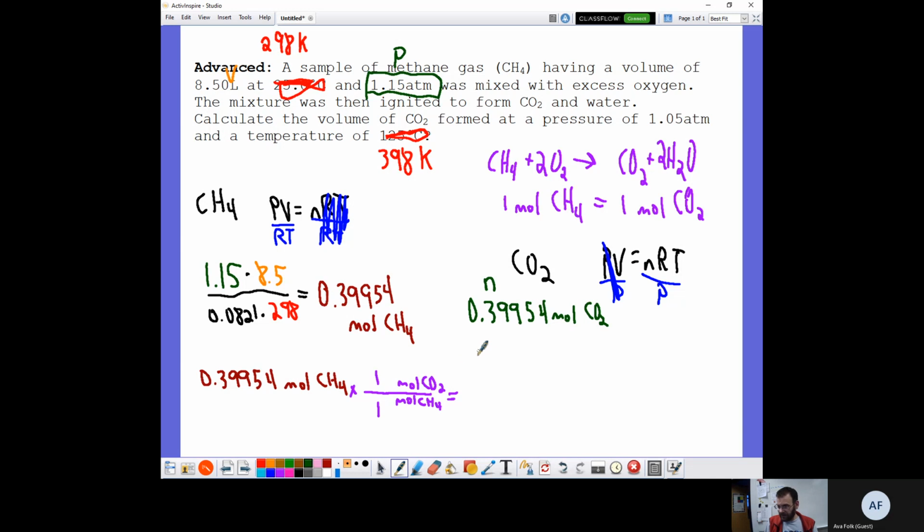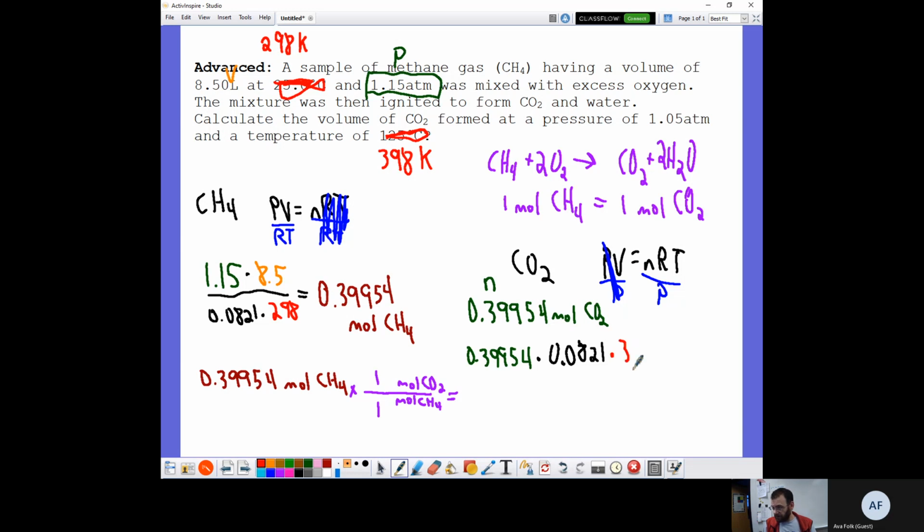That is going to be times R. Remember, R is just our gas constant, times our temperature, and in this case we're using the temperature of CO2. Notice I kind of divided my screen into methane on one side, CO2 on the other. It's a useful trick doing things like that.